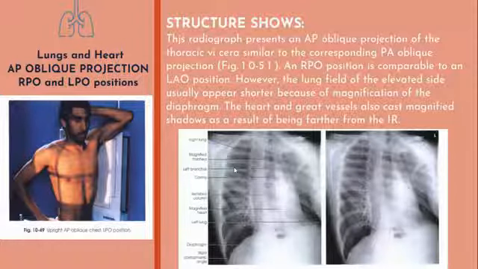Then the maximum area of the left lung on the LPO, and the maximum area of the right lung on the RPO. So here we can see the right lung, the magnified trachea, the left bronchus, the carina here, the vertebral column, the magnified heart, the left lung and the diaphragm, as you can see here, then the right costophrenic angle.